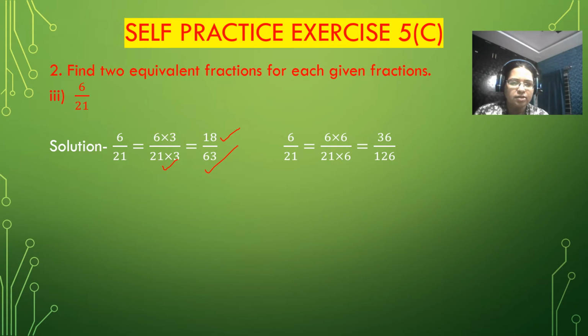Now multiply 6 in both numerator and denominator of 6 divided by 21. We get 6 multiplied with 6 is 36 and 21 multiplied with 6 is 126. So 36 divided by 126 is the equivalent fraction of 6 divided by 21.